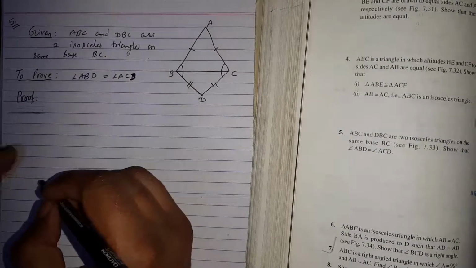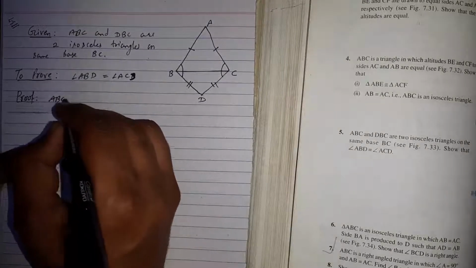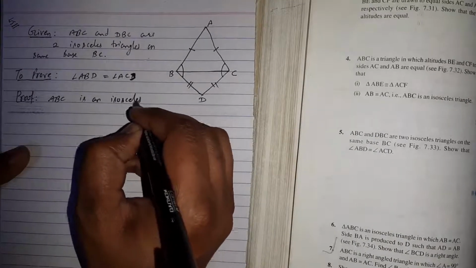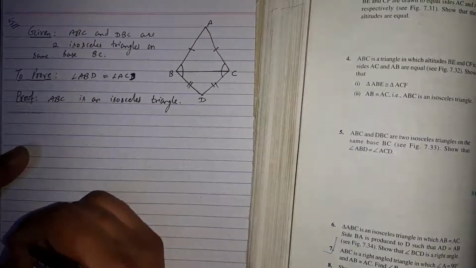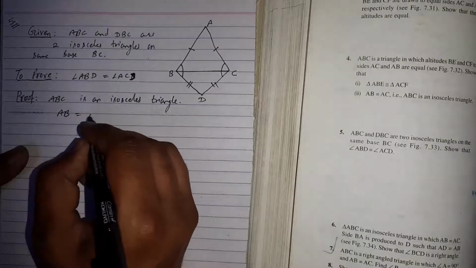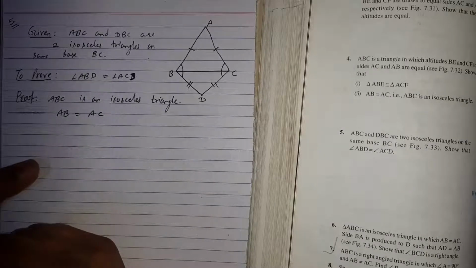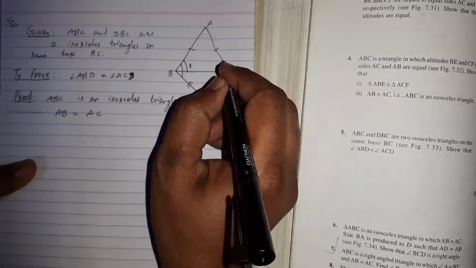Now proof. It is given ABC is an isosceles triangle. In an isosceles triangle two sides are equal, so AB is equal to AC. By using the theorem, angles opposite to the equal sides of an isosceles triangle are equal. Suppose this angle is 1 and this angle is 2.